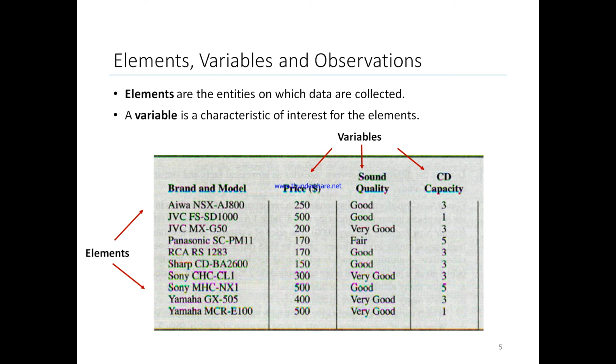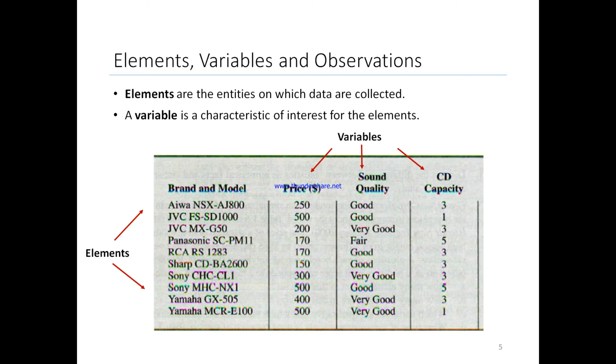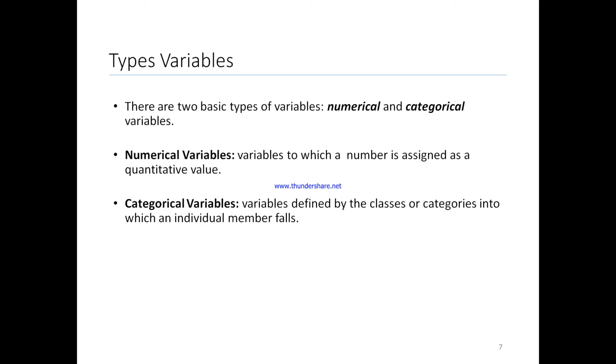So you have these variables for each and every brand and model. If you take a particular row in a data set, for example Panasonic SC PM11, the price is $170, the sound quality is fair, and CD capacity is 5. This one row, we call an observation. All the characteristics belonging to one element form an observation.